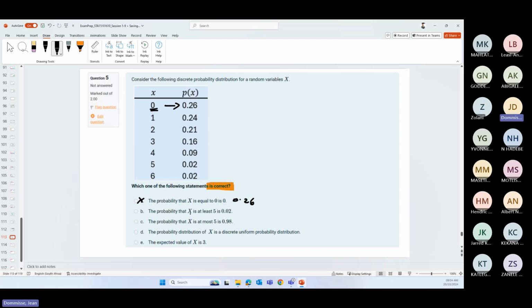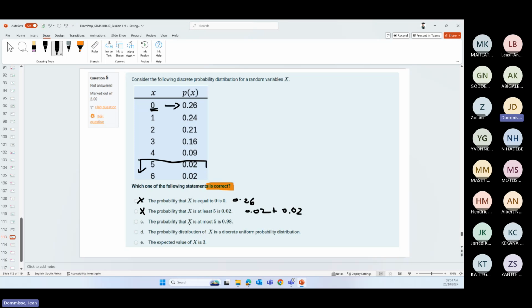Probability that x is at least 5. So at least 5, it's 5 or more. So that is 0.02 plus 0.02. So it is 0.04. That is incorrect.